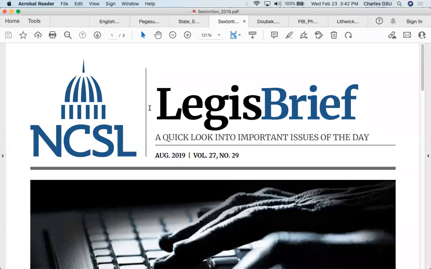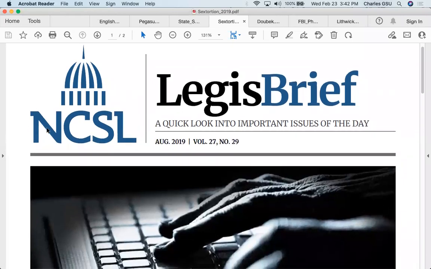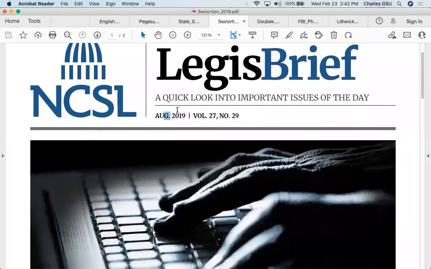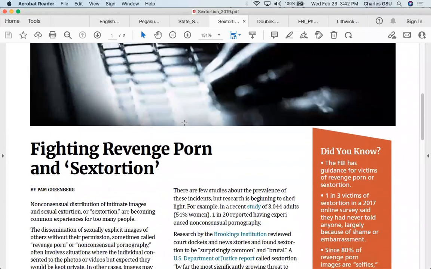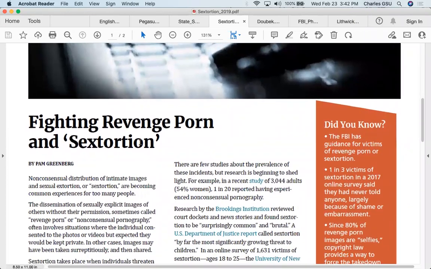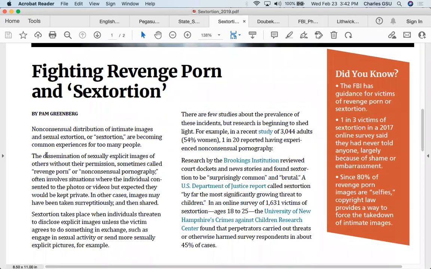So sextortion here, by the National Council of State Legislatures a couple of years ago, 2019, talks about revenge porn and non-consensual pornography, but then using either the actual release or the potential release of that revenge porn or non-consensual pornography to extort money or actions, behavior from people.